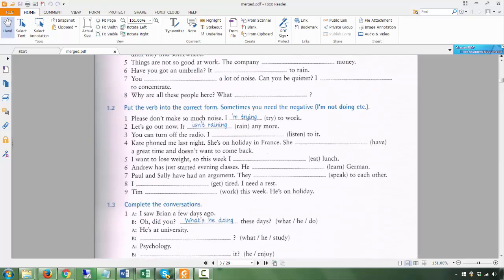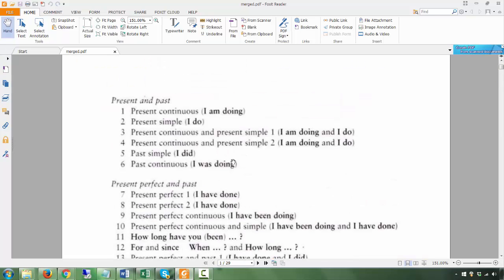So that's how it's going to be. There are basically 6 tenses here. There will be the present simple, and then the present continuous. Then here you have the present continuous and the present simple, chapters 3 and 4.